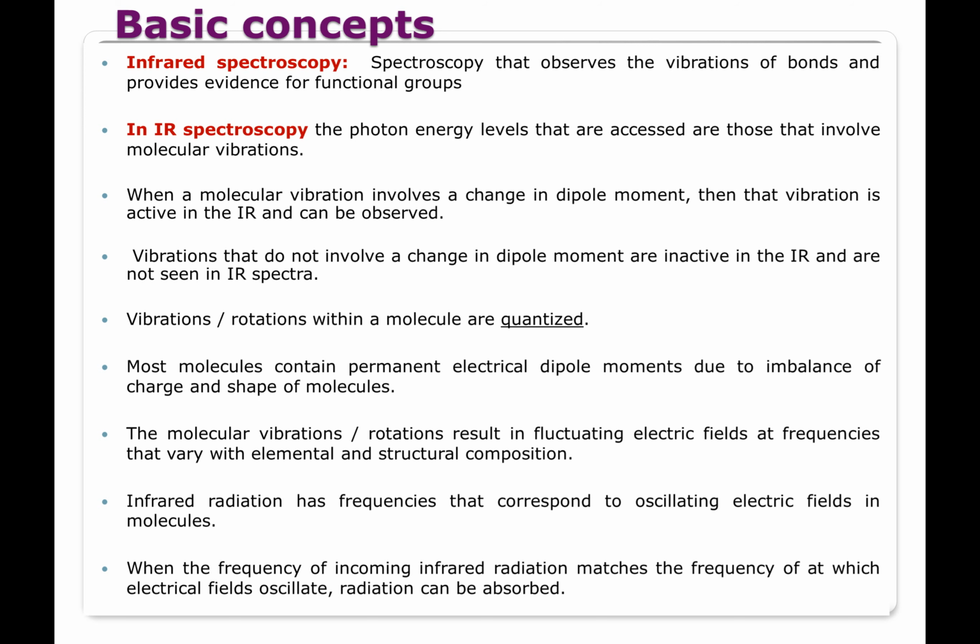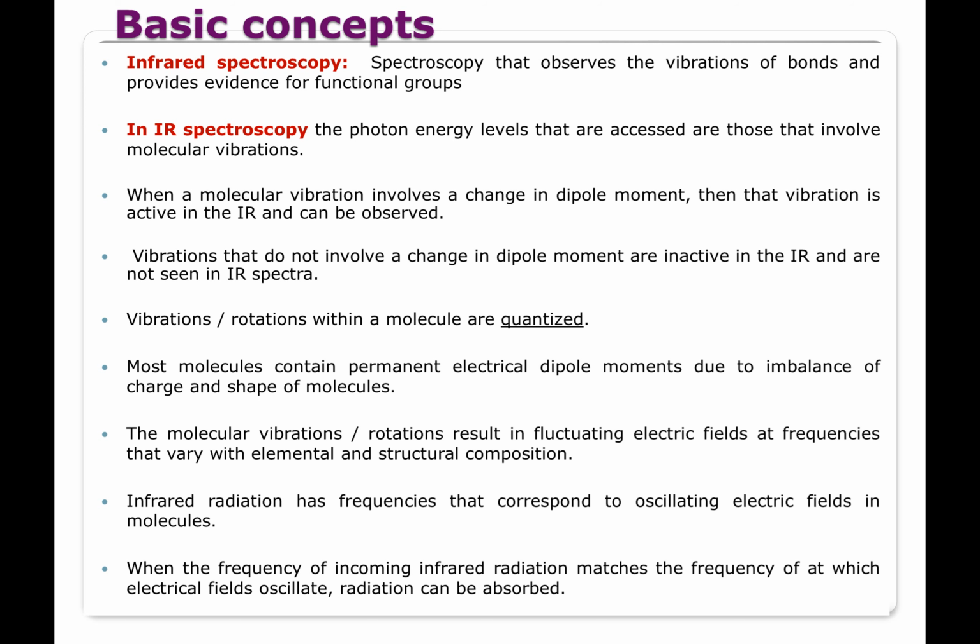These vibrations or rotations in the molecule are quantized in the form of either wavelength or frequency, which are expressed in micrometers for wavelength, and in centimeter inverse for frequency. Most molecules contain permanent electrical dipole moments due to imbalance in the charge and the shape of the molecules.